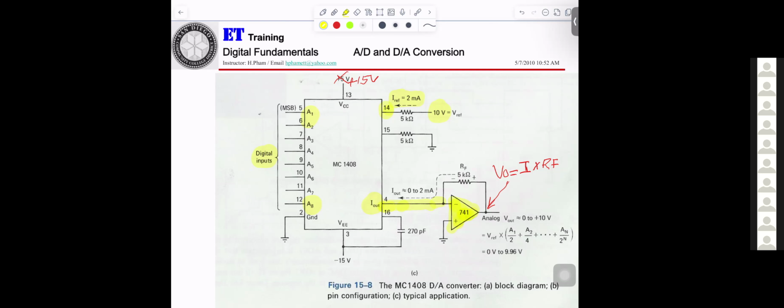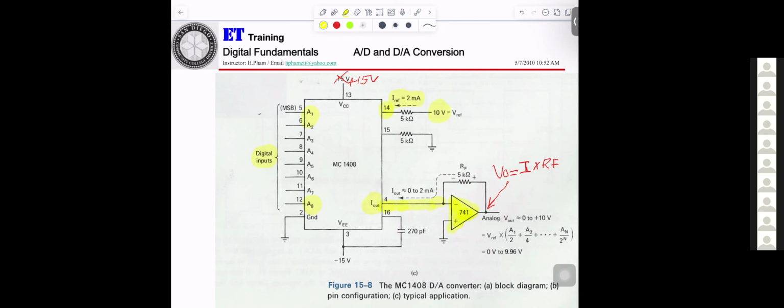Who can tell me? 0 is correct. But how come? You want that to be 0? I can't think of the right word. Saturate.